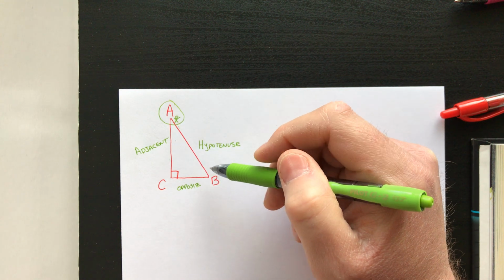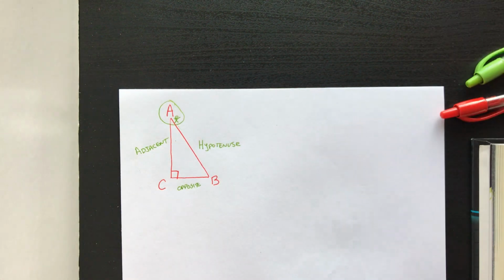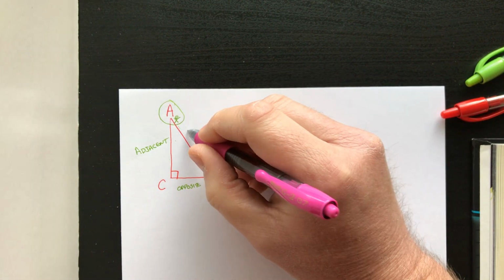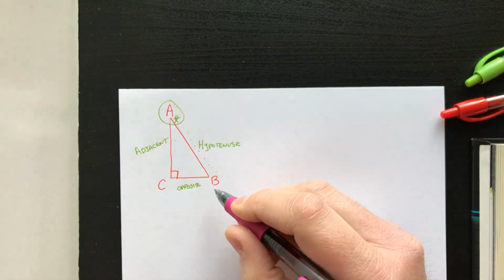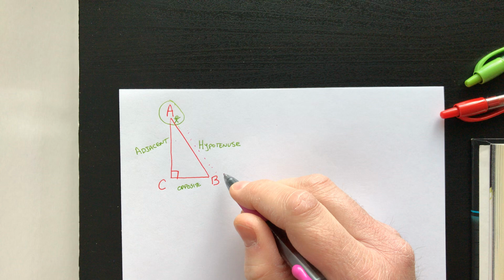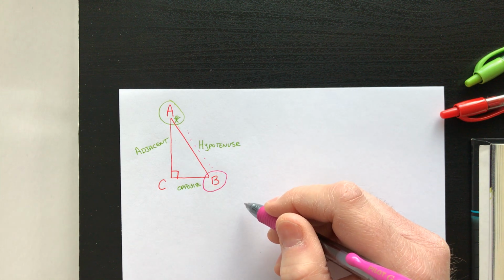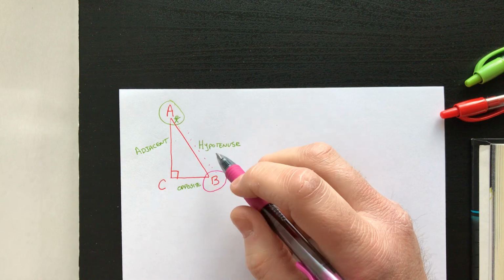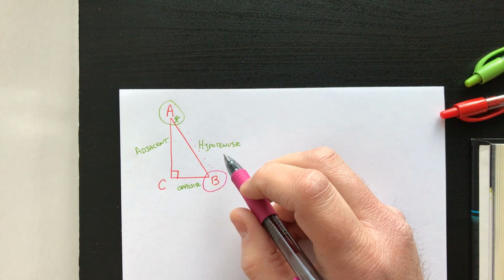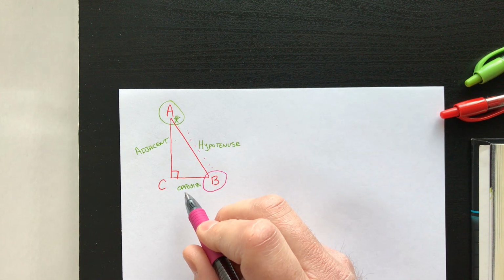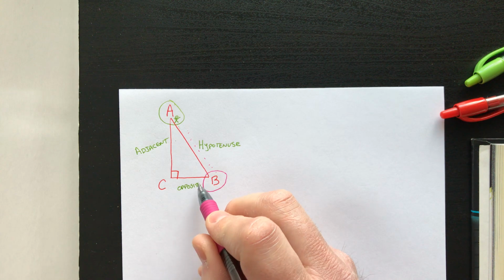And that's why it's so important to place yourself in a specific angle. Because look what happens. If my little guy walks down here and he wants to sit on angle B, notice how the hypotenuse, once again, will not change names, but notice that this is now the side that I can touch.